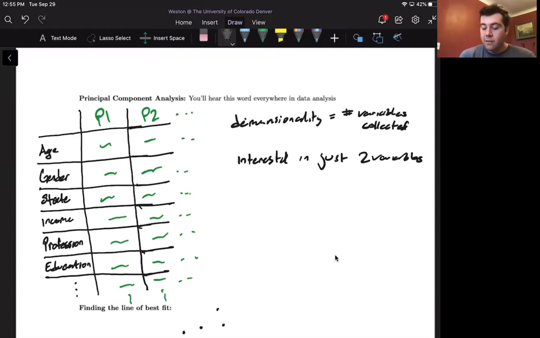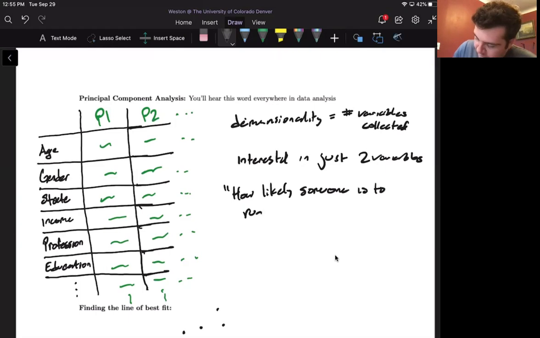So maybe you're trying to figure out how likely someone is to run for political office. That's the question you want to answer.